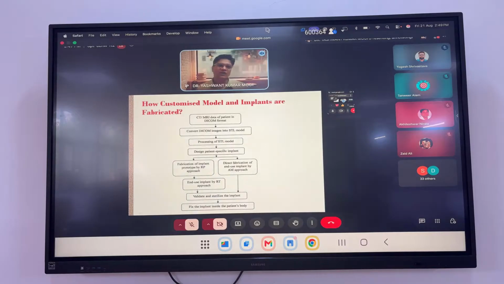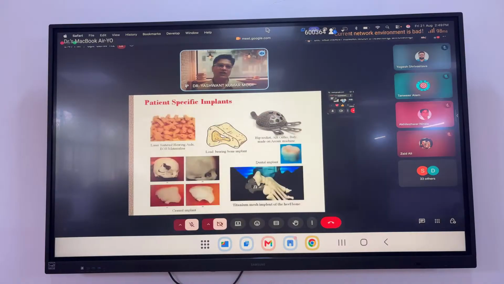So we have created this skull up to this position. So we will create a CAD model, and then we will print the physical model of the patient's skull. Then in the CAD model itself, we will design this implant onto this damaged skull.